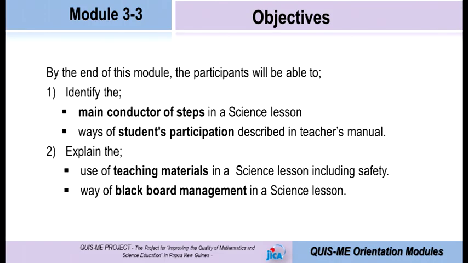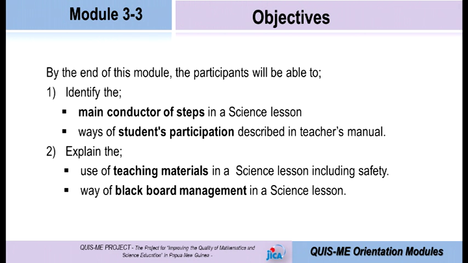Alright, we'll go through the objectives. Our objectives for this module is that by the end of this module, every participant should be able to identify the main conductors of steps in a science lesson. They would also identify the ways of students' participation described in the teacher manual.